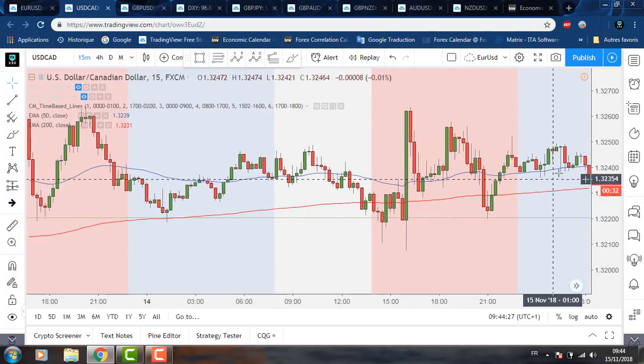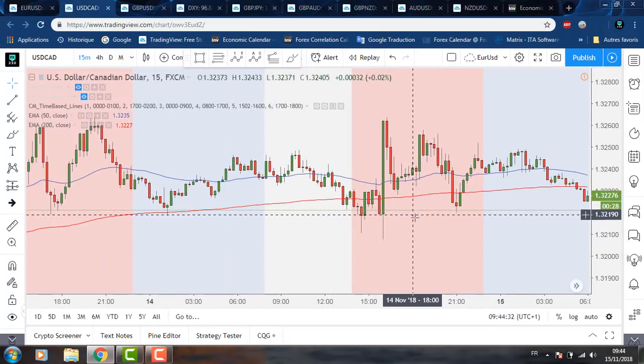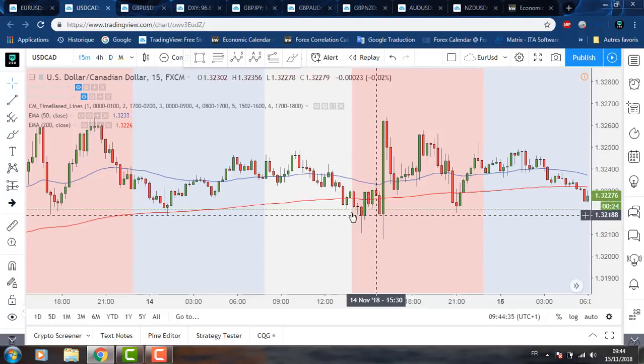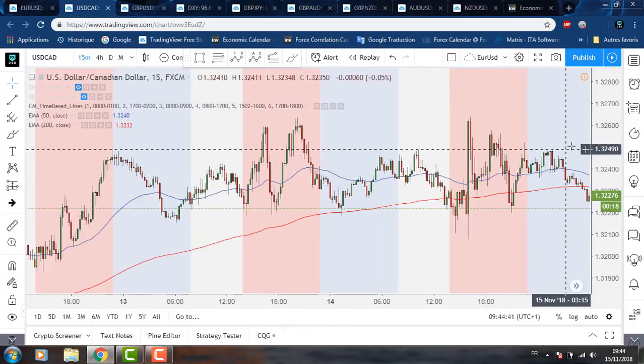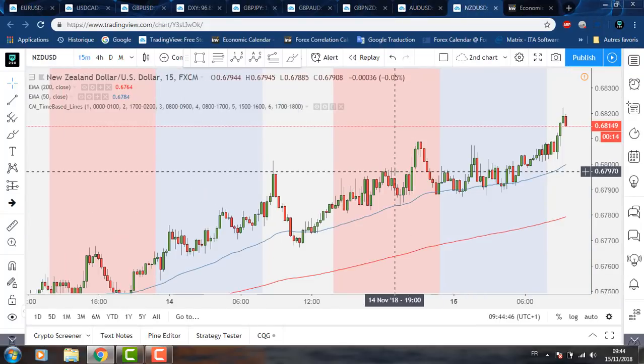I do not trade the CAD. I don't even have the CAD news on my economic calendar. So around our entry, it was a bit choppy, but still trending up, maybe due to CAD weakness.